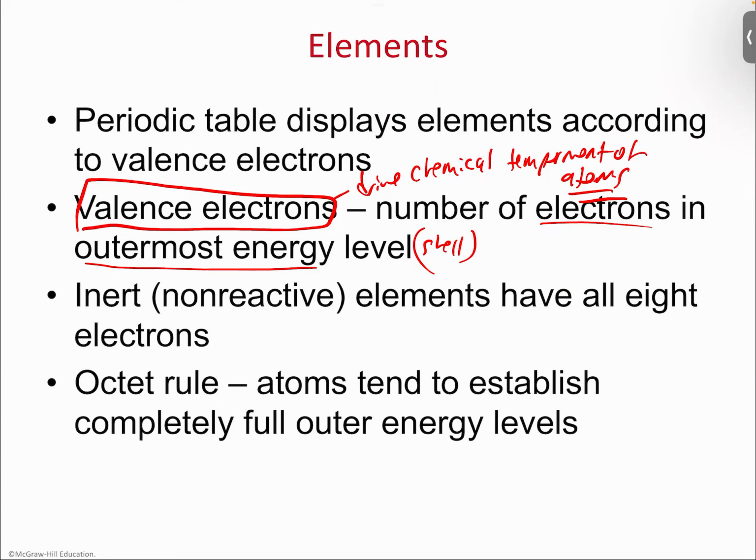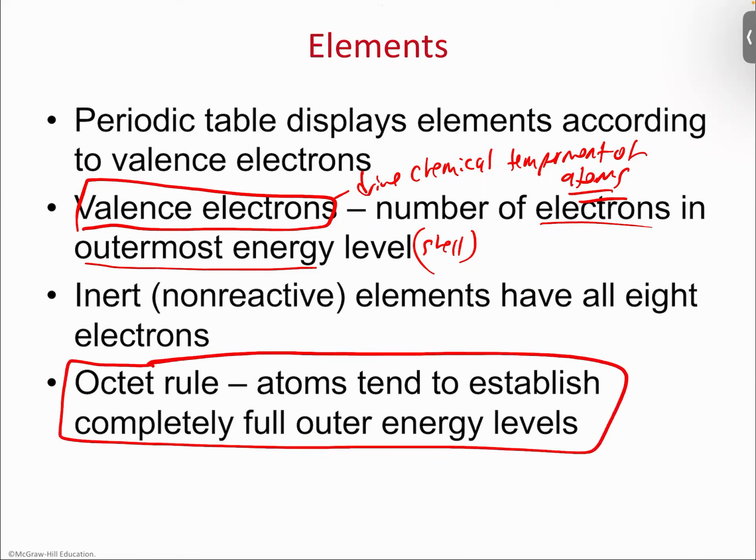Now, link this idea of the partial filling of this outermost shell in most atoms, except for the noble gases, which is group 8. And what you get is a linkage to the ultimate rule. This is one of those ones where this should be your new tattoo. You want to know this one, because this, in concert with valence electrons, is what drives why atoms do what they do.